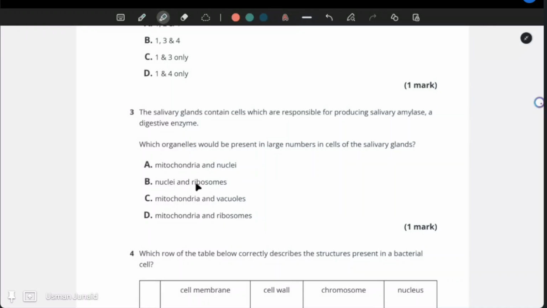Okay, so ribosomes is right. Why is ribosomes right? What do ribosomes do? What was the function of ribosomes?